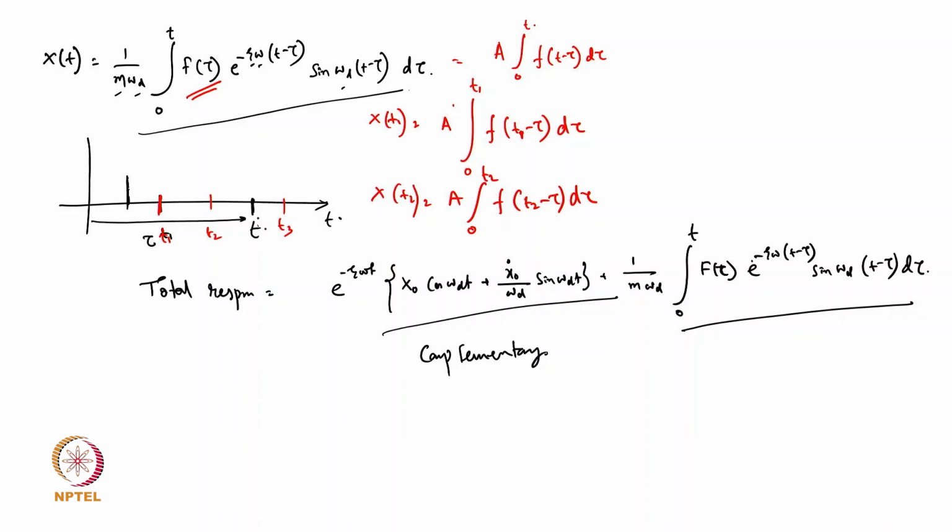So let's quickly see one small example so that we are able to do that. Let the mass M be 100 kg. Stiffness equal to 10 kilonewton per meter.